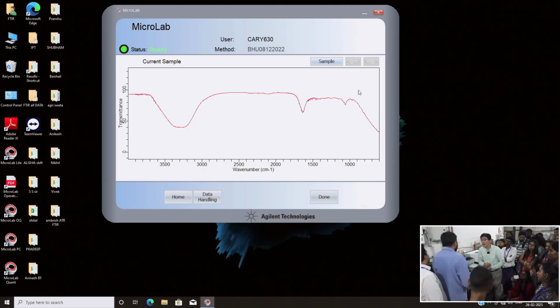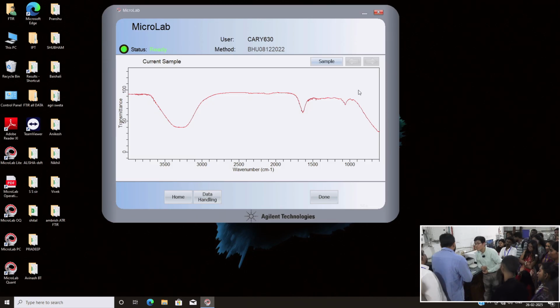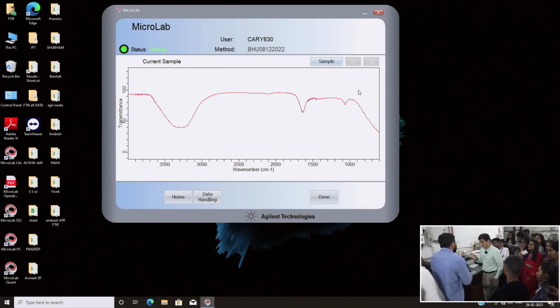There is no peak of sucrose. The spectrum is mainly predominated by water. So what about the sucrose? Sucrose vibration. This is the sucrose solution. Yeah. Then we should increase the concentration. We should measure water first and calculate the difference.